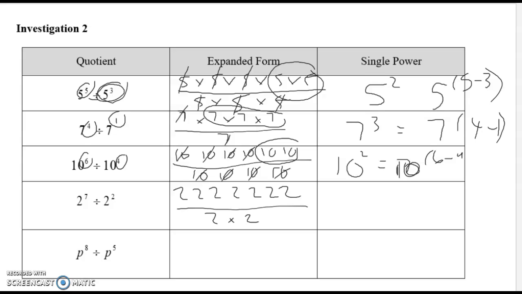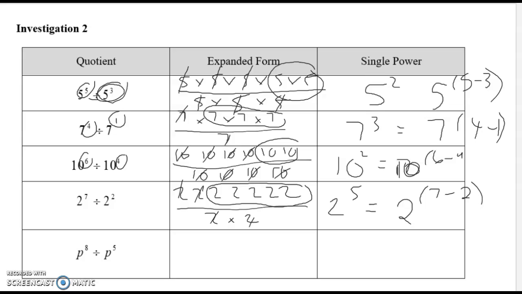It's all multiplied in between. This top one cancels with this bottom one. This top one cancels with this bottom one, and we are left with 1, 2, 3, 4, 5. So it's 2 to the 5. And if we were to just subtract the exponents, 7 minus 2, that gives us 5.